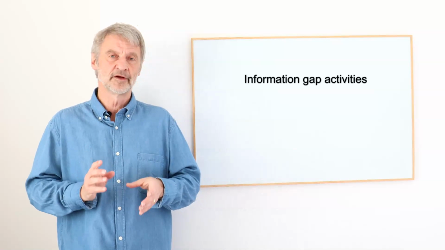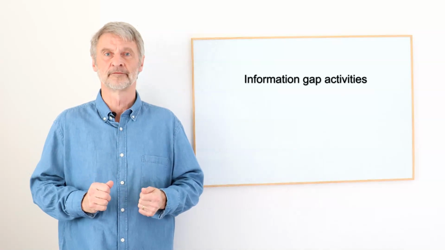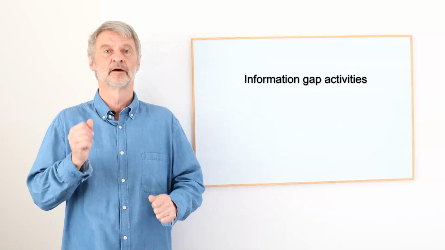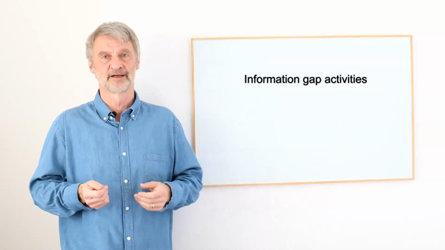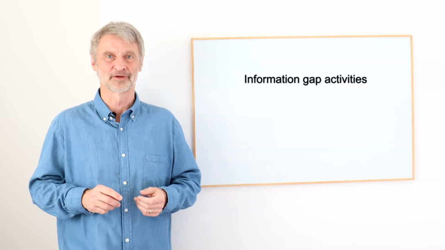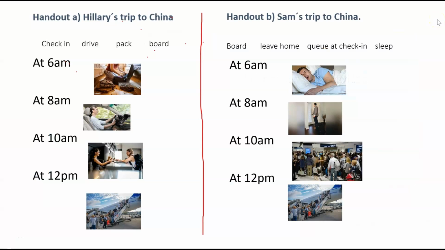So let's have a look together at an example of an information gap activity where we have meaning, form and pronunciation. Let's have a look. Following the context of traveling by plane, I used in the clarification in the video about guided discovery, which focused on the past continuous, I would give students this activity, which focuses mainly on the pronunciation, the form, but also the meaning of the target language.